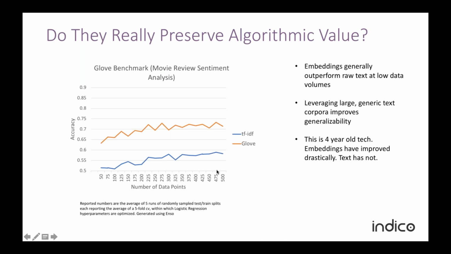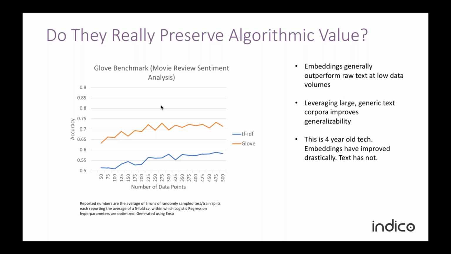Honestly, even at 500 data points, you're not doing much better than random chance. GloVe, on the other hand, which is generally more effective than word2vec, and is definitely more effective in this particular context, does significantly better. Even at just 50 data points, you're already out of the area of noise. It's pretty accurate. It's not insanely accurate, but you're giving it very, very small data sets.